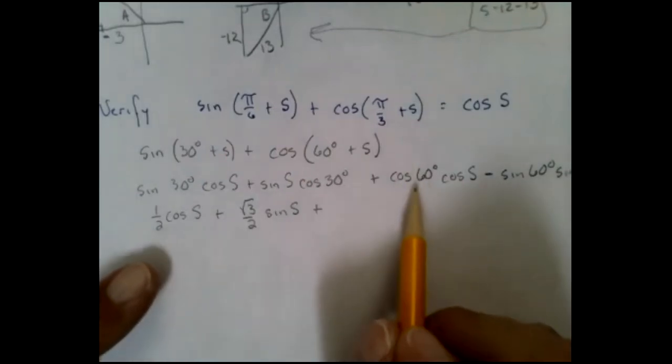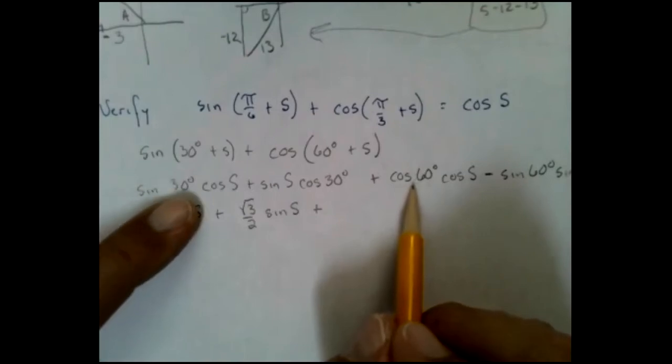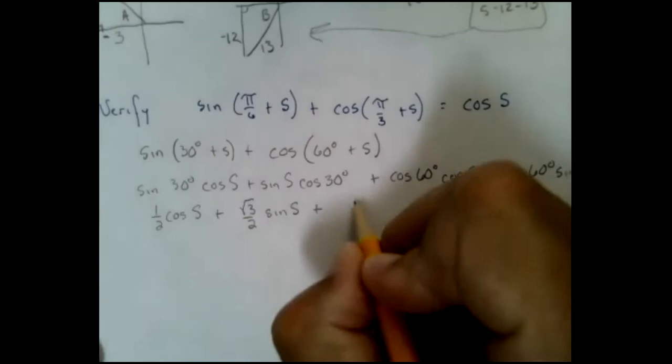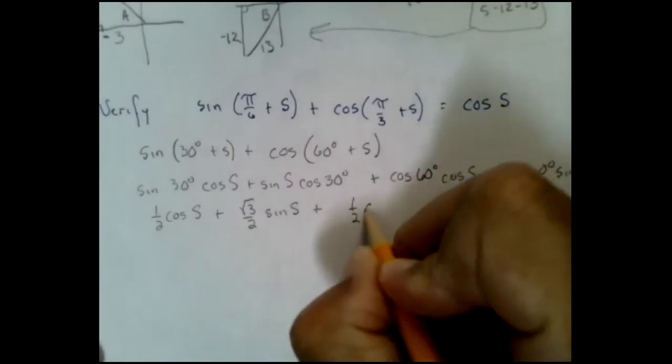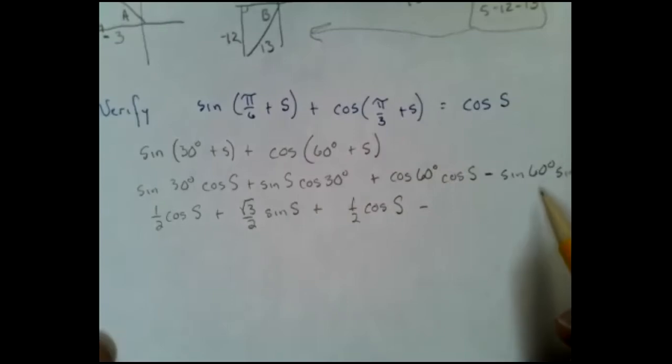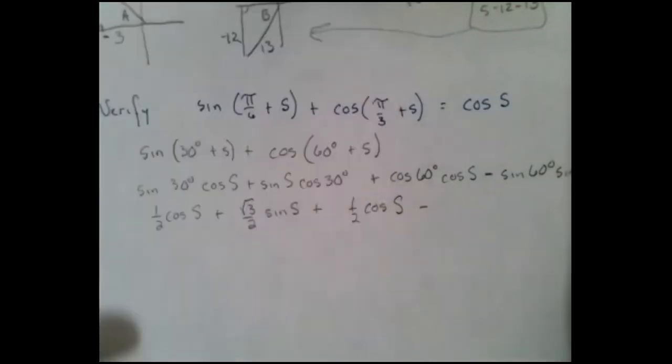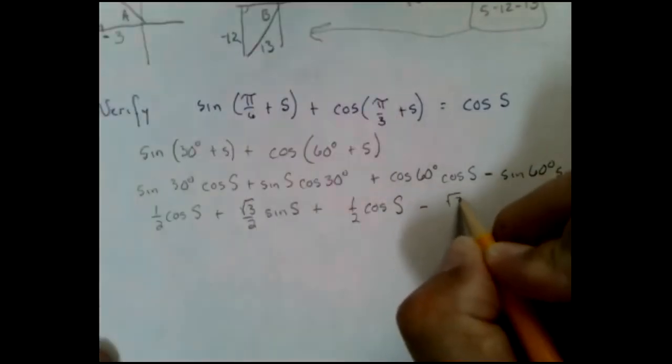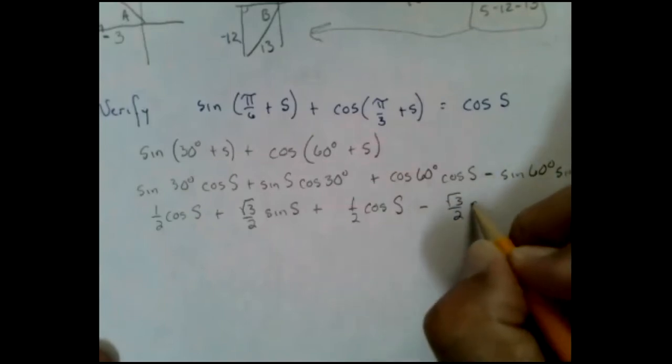What do I know for a fact from earlier? The cosine of 60 is going to be the same as the sine of 30. That becomes 1/2 the cosine of S minus the sine of 60. And sine of 60 is square root of 3 over 2 sine of theta.